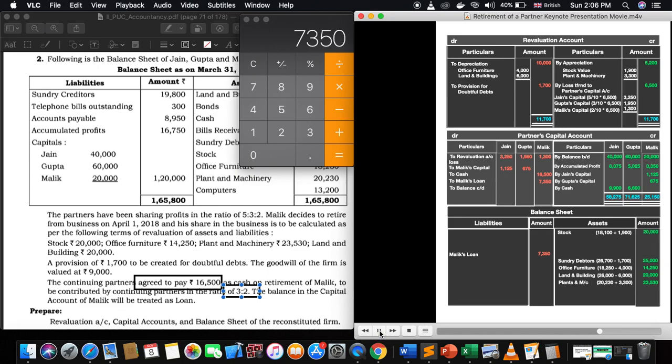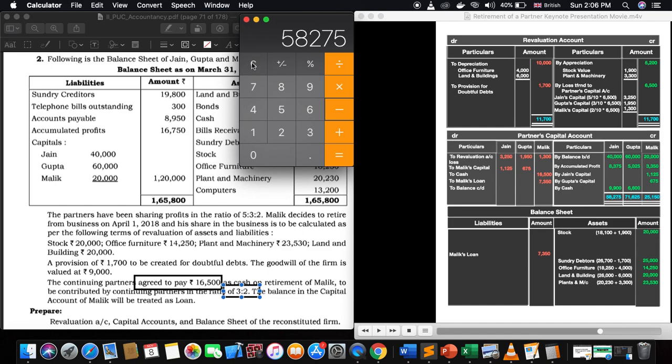Now, same thing, we need to check the balancing figure for Jane's capital and Gupta's capital. Jane's capital is 58,275 over here. So we take 58,275 minus the values. This is the revaluation loss, and this is the goodwill amount which she has to pay to Malik.